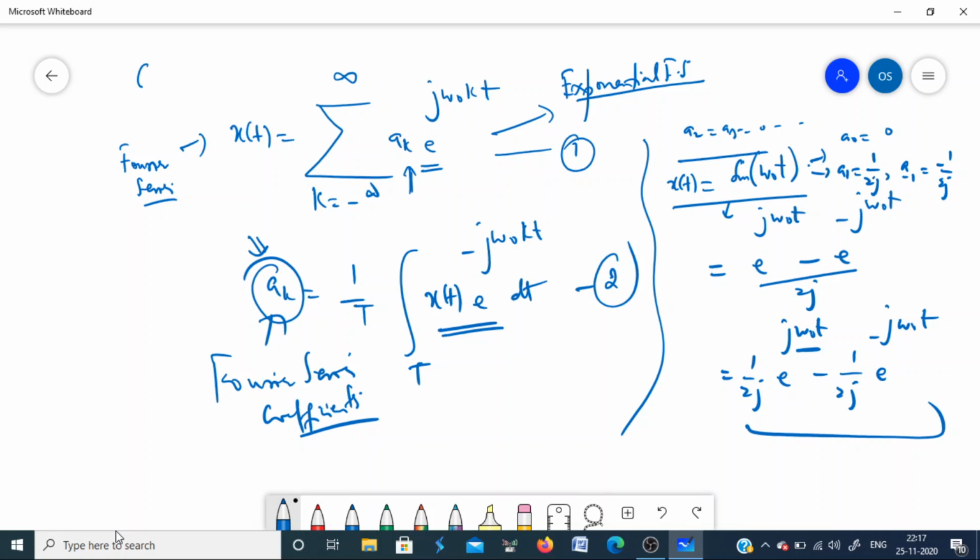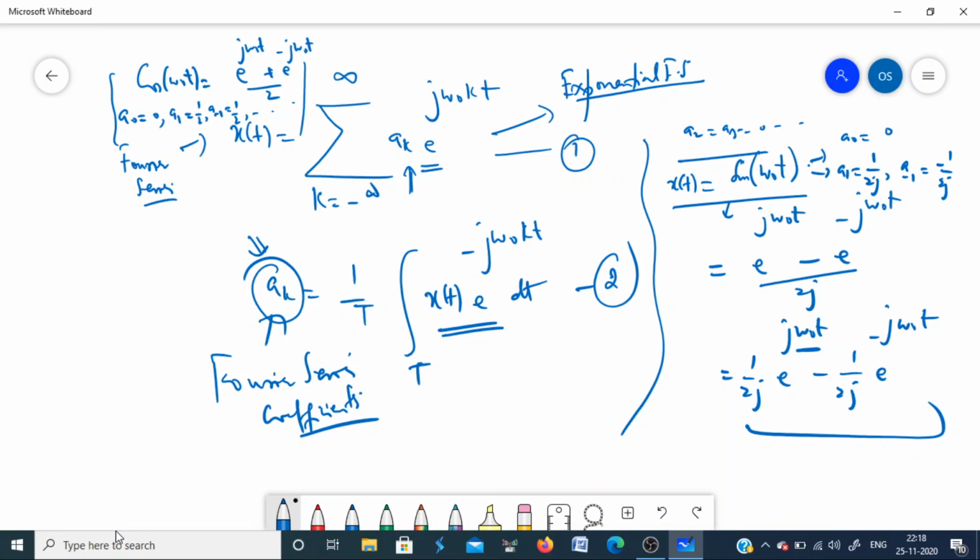Similarly, you can find the Fourier series for cos omega naught t. In that case, it will become e raised to power j omega naught t plus e raised to power minus j omega naught t upon 2. So again, for this case, a naught, the constant term, is 0. a1 will be 1 by 2. a minus 1 is also 1 by 2, and the rest of the coefficients are 0.